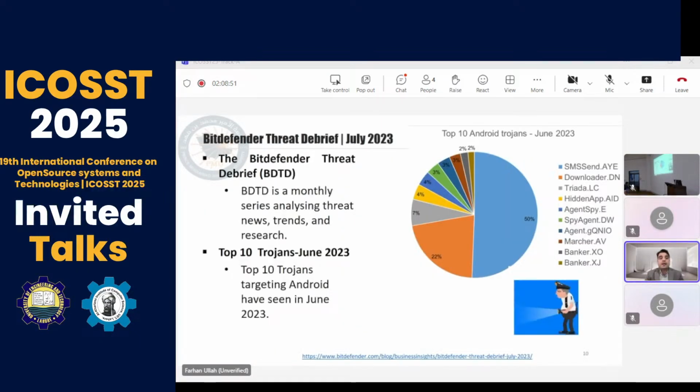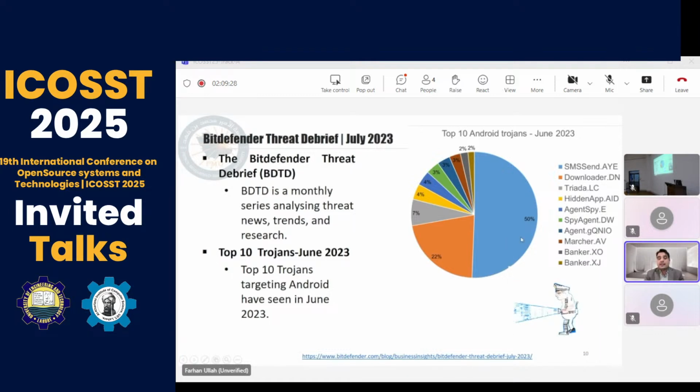Okay, another one. Every year, the antivirus companies provide surveys, for example, on which viruses or attacks hit their systems. They provide a survey report every year. I will show you an example survey report. From 2023, we have 50% SMS malware, SMS attacks, and then a 2% downloader, 2% Trojan-Dropper, and then 3% Marcher AV.